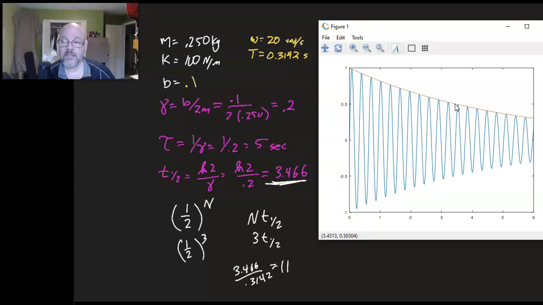And so that means by the time we get over here, we should have 11 oscillations. Okay, so down, up 1, down, up 2, 3, 4, 5, 6, 7, 8, 9, 10, 11. So there we are. The 3.4 is right in there. So it was pretty close to 11 exactly. Anyway, there you go.